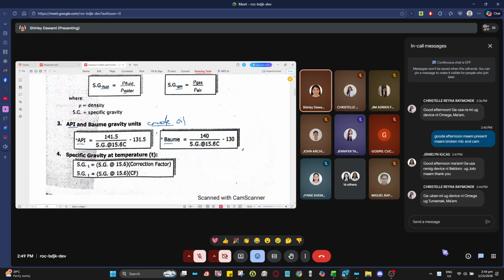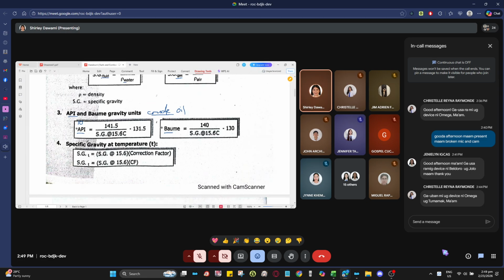Okay, so for water with an SG of 1, ang iyahang degrees API is 10. So kani siyang degrees API and Baume mo identify ni siya kung how light or heavy crude oil is compared to water.